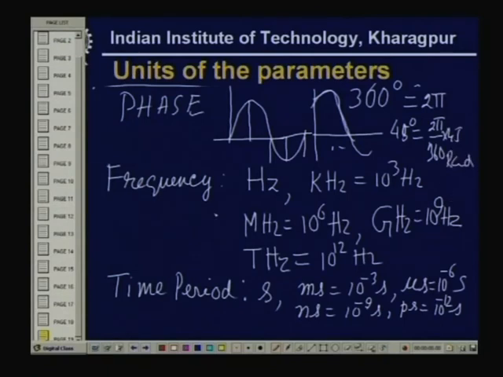So, we have seen the various units used to represent the important parameters, amplitude, frequency and phase for a signal, and later on we shall see these are the parameters that we shall vary for the purpose of communication through a medium. Later on we shall discuss that.